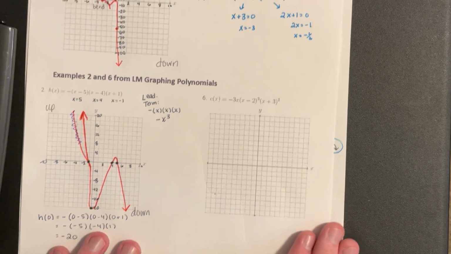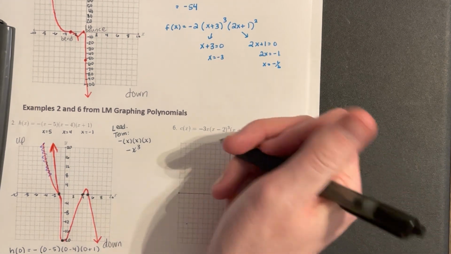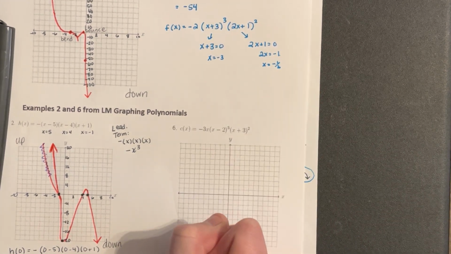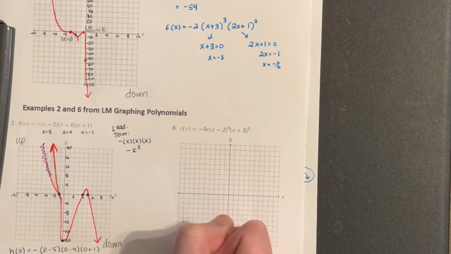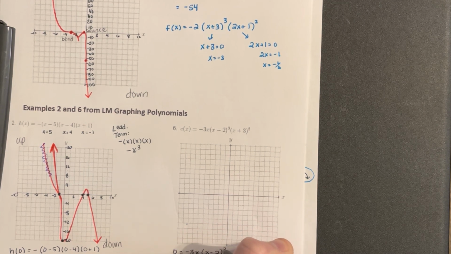All right, number 6. We can find the zeros. I think that's the easiest part to do if it's already in factored form. So let's do that here. x plus 3 squared.